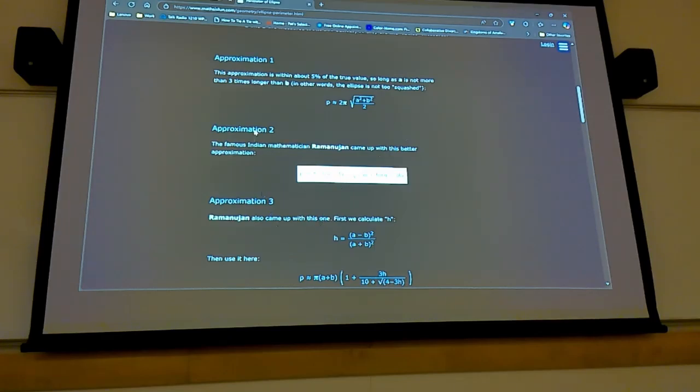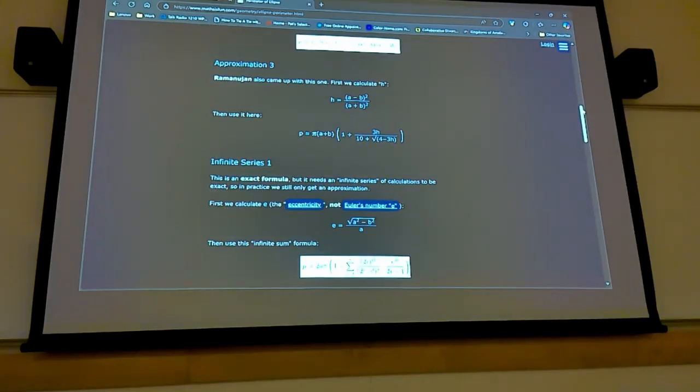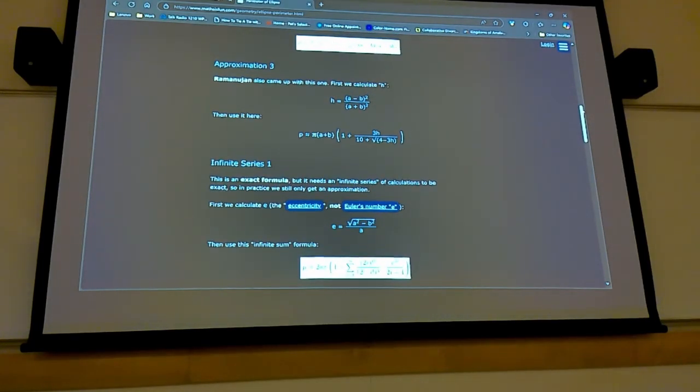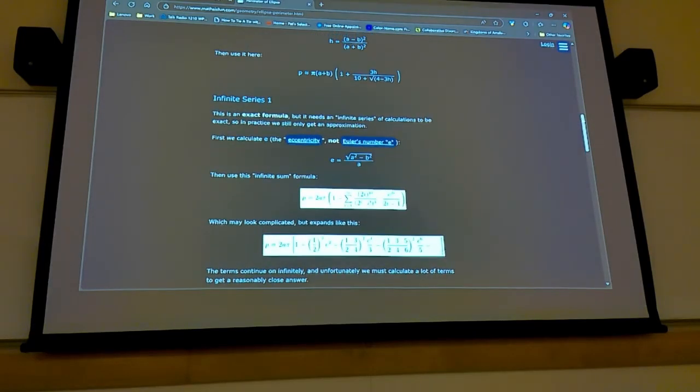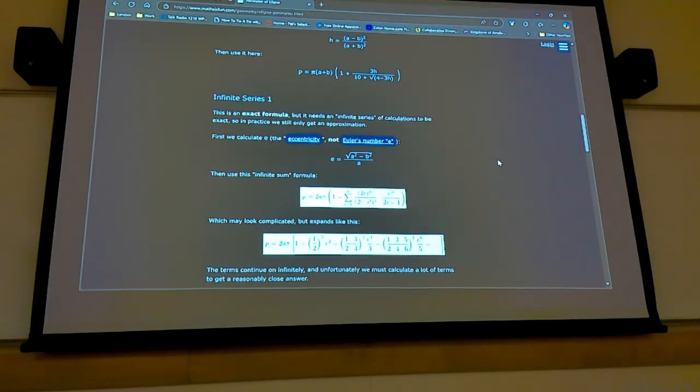Oh look, he actually came out with both of those. And now I think number 3 is like another 1,000 times better than the second one, but it's more complicated. There's the actual formula. It is an infinite sum.